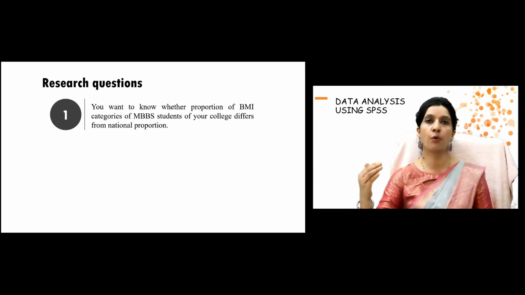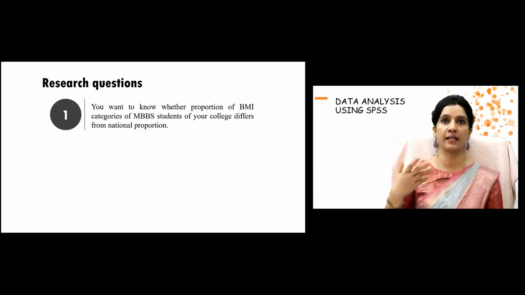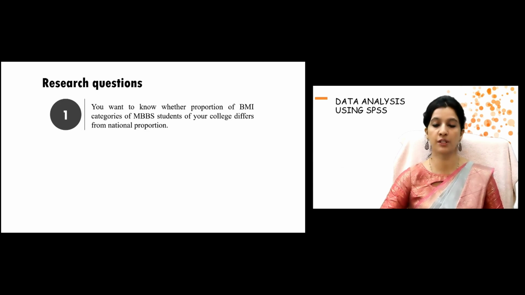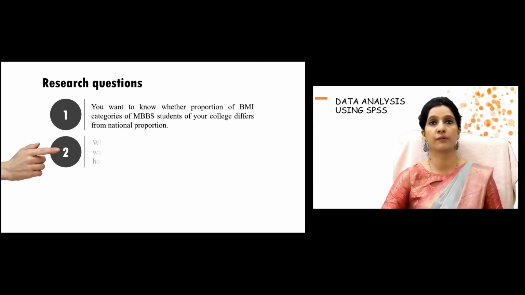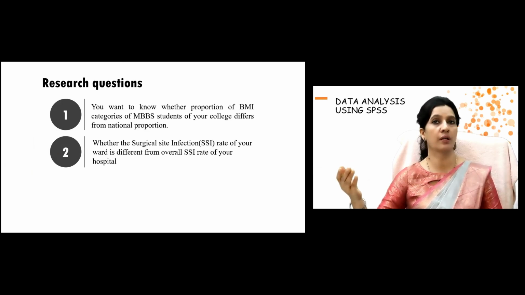So if I want to know that my MBBS students do the category of the obesity, overweight and normal is same as that of a national population, then we will do this one sample chi-square, or we call it as a chi-square goodness of fit.